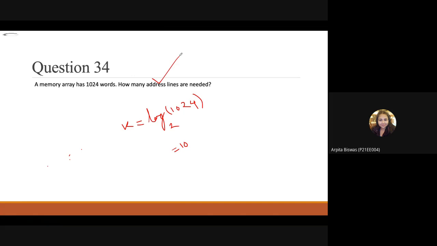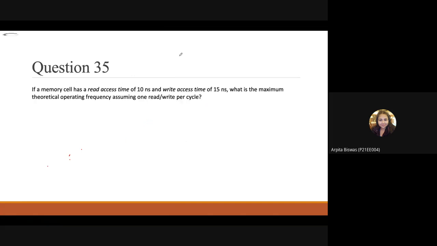So next, question number 35. If a memory cell has a read access time of 10 nanoseconds and write access time of 15 nanoseconds, what is the maximum theoretical operating frequency assuming one read or write per cycle? So how to find out this?